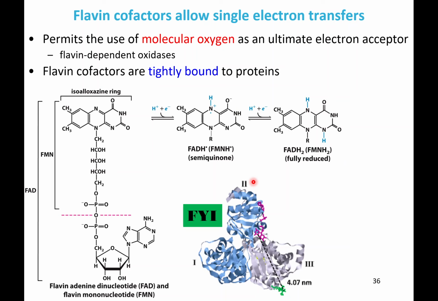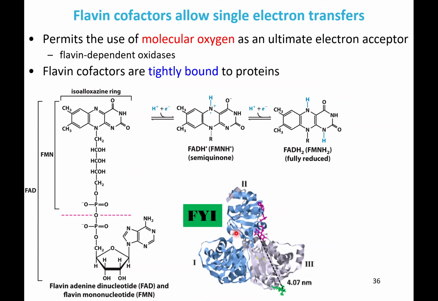Okay, why is that important? That it transfers a single electron? Well, that permits the use of molecular oxygen as an ultimate electron acceptor, because you can transfer one electron at a time. Unlike NADH that can be dissociated from a protein, flavin cofactors are tightly bound to their proteins.